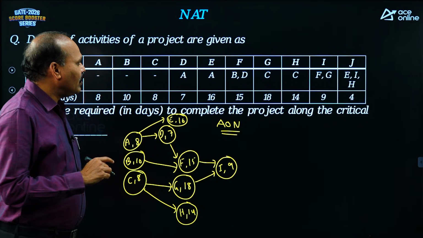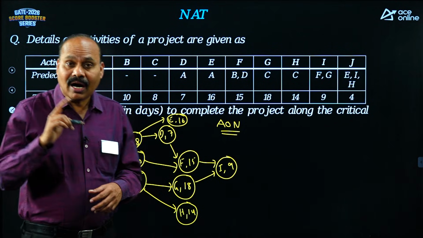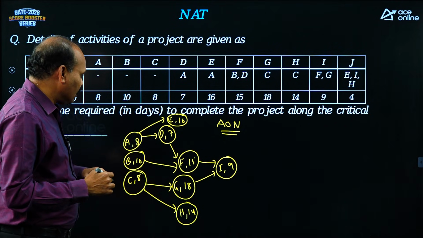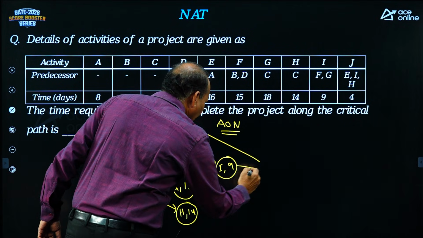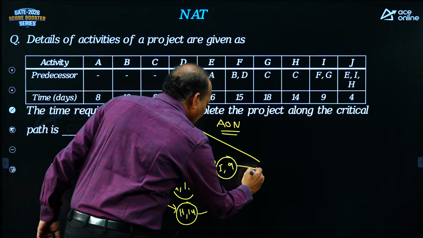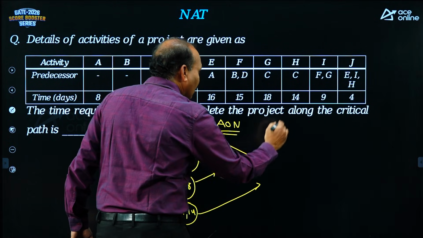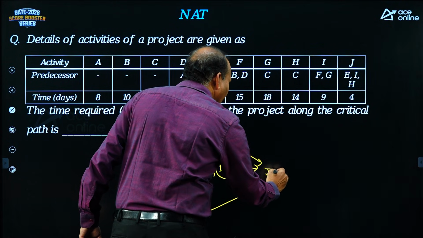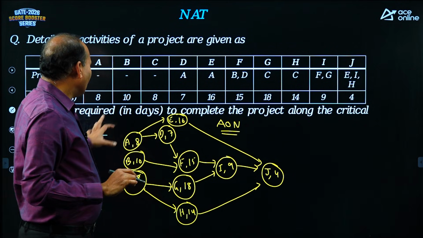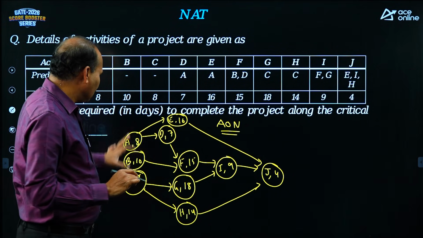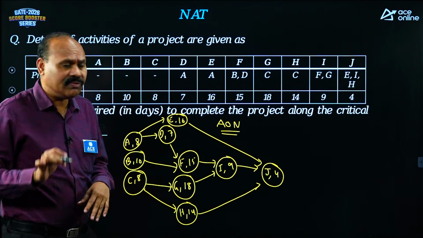J after E, I, H, three activities. So E, I, H, three activities are giving J. So verify: A has no condition, B has no condition, C has no condition, A, B, C are independent activities.